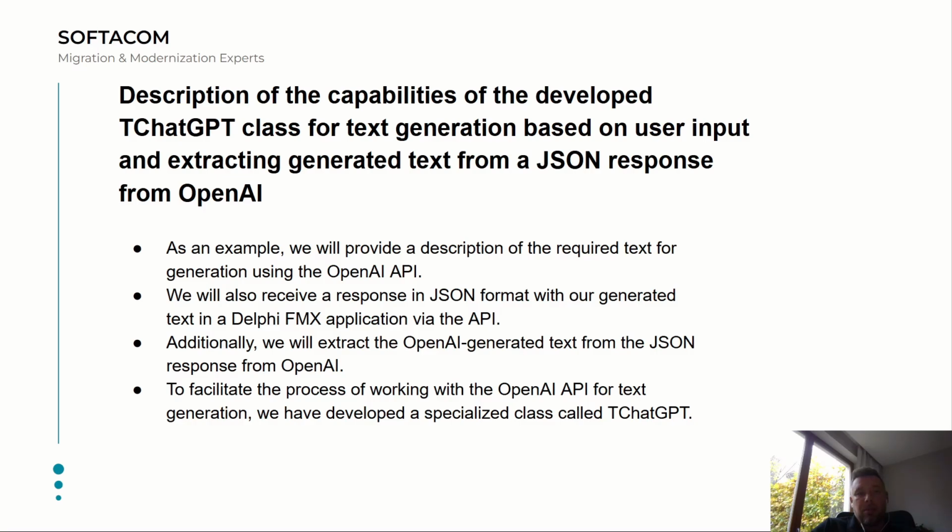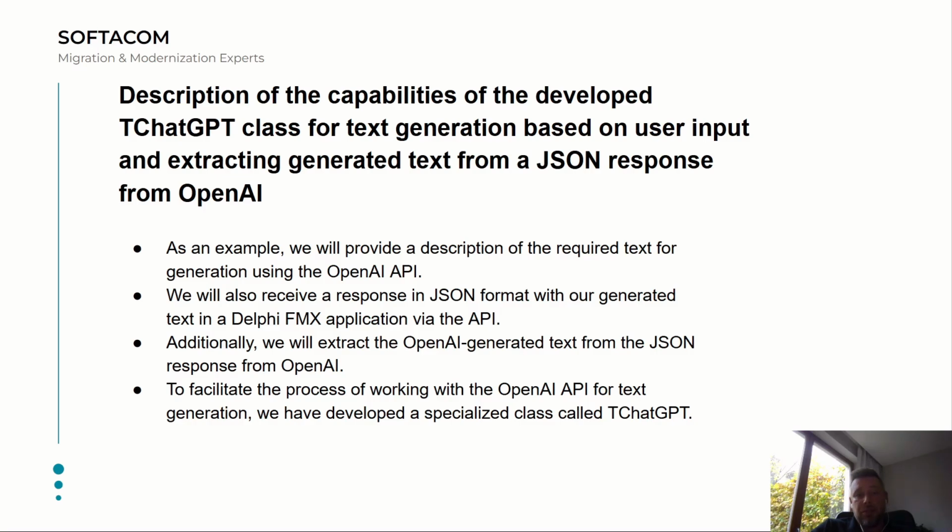What will we develop? We will develop a TChatGPT class, an Object Pascal class for Delphi, and this class will handle all our operations for text. We will just give it our API key and a user's prompt, which is our question to OpenAI, and this class will return the answer from ChatGPT.